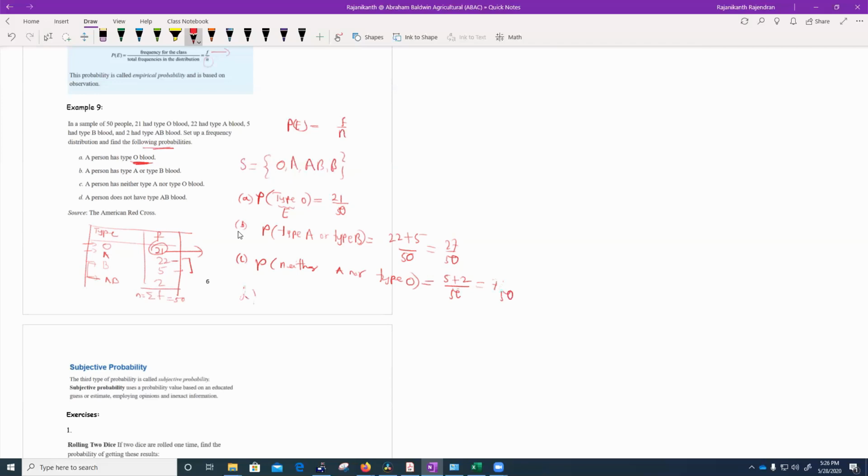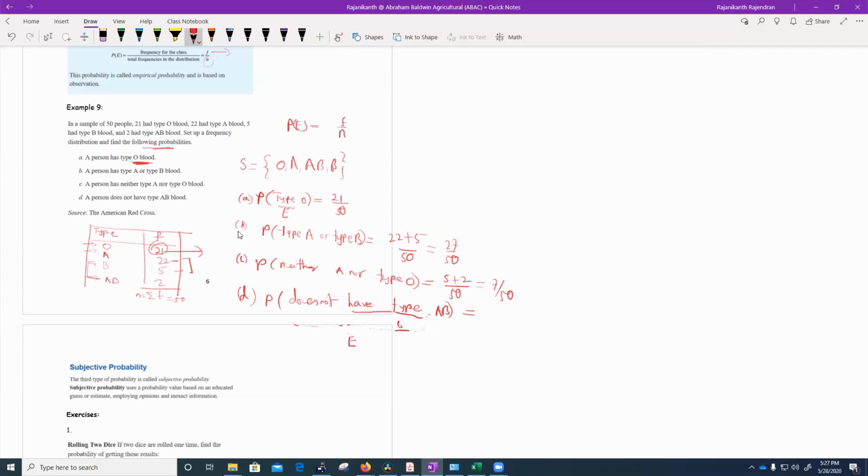And the last one, the probability that a person does not have type AB. Suppose my event E is having type AB, then does not have E is nothing but my E bar, right?